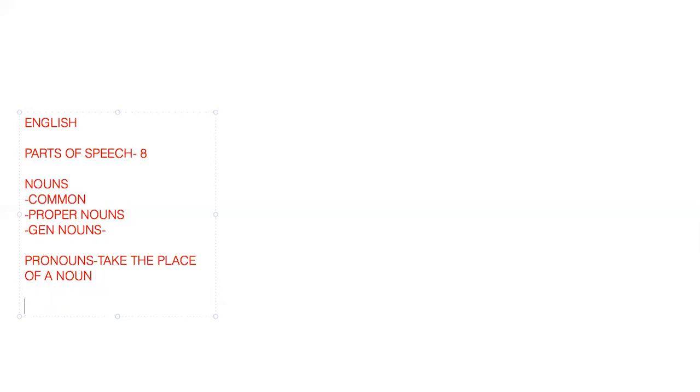Verbs. Verbs can be transitive or intransitive. A transitive verb is a verb whose action points to the receiver. That is a transitive verb. An intransitive verb does not point to the receiver of action.